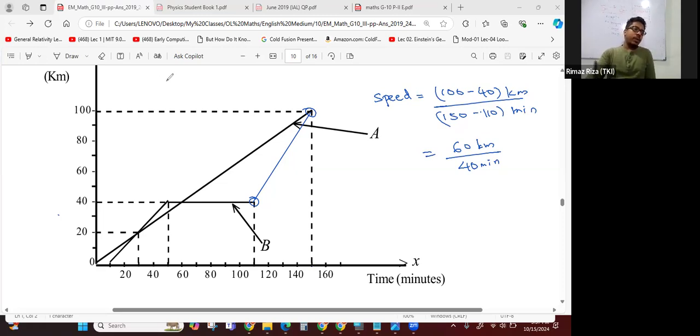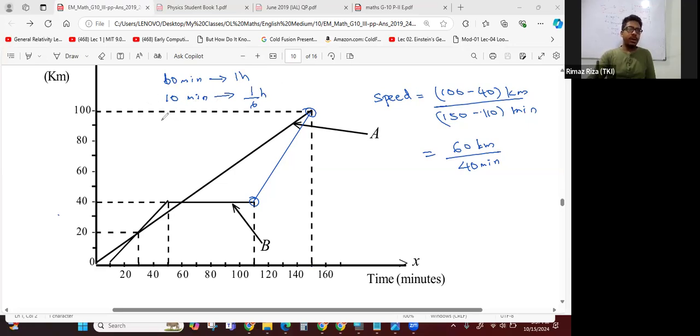We know 60 minutes equals 1 hour. So therefore 10 minutes equals 1 over 6 hour, because you divide both sides by 6.